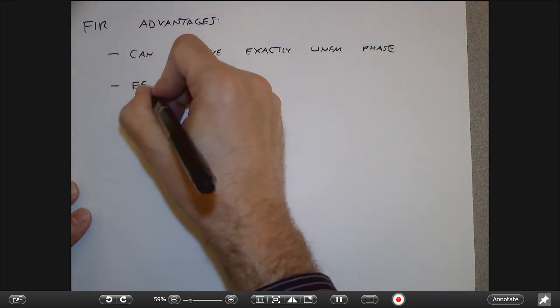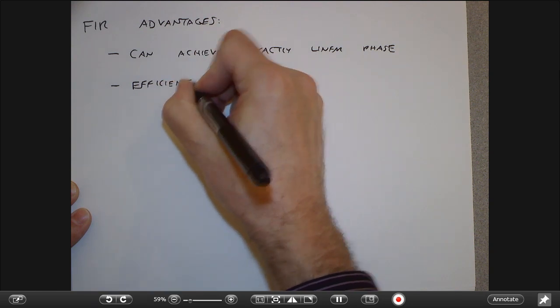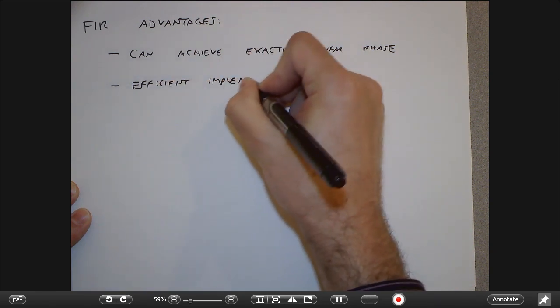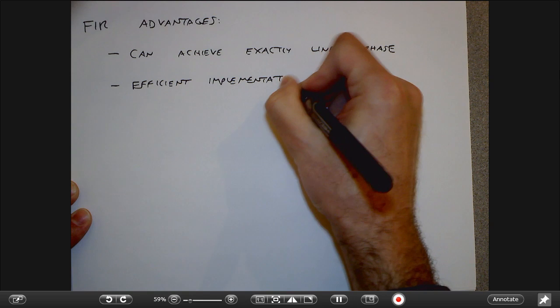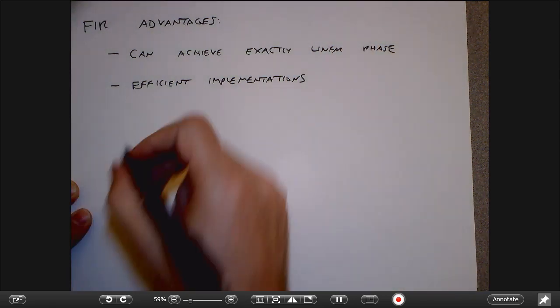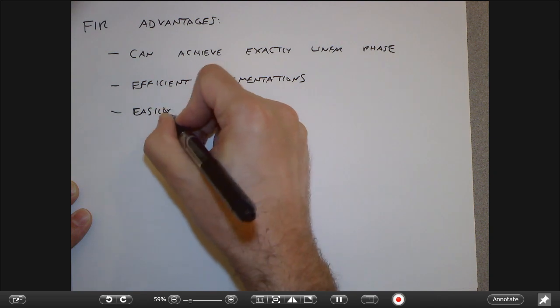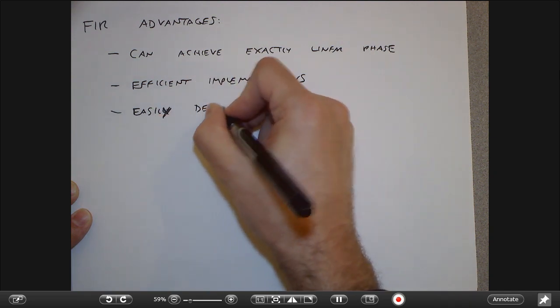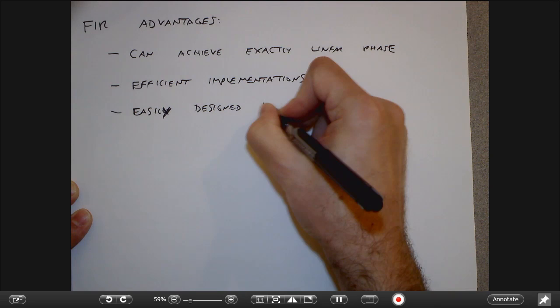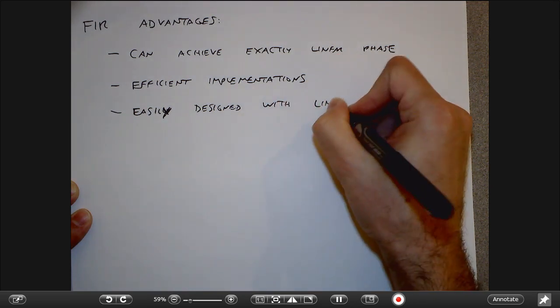It's easy to implement these filters in terms of different filter structures. So it's really easy to implement an FIR filter. They're easily designed. And the methods are generally linear, right?